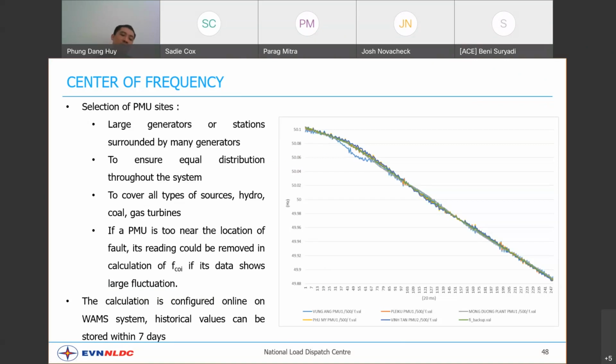If a PMU is too near to the location of the fault and is too fluctuated, we can manually take it out of the calculation. This calculation we can configure online on our WAM system, and the historical values can be stored within 7 days. Next slide, please.